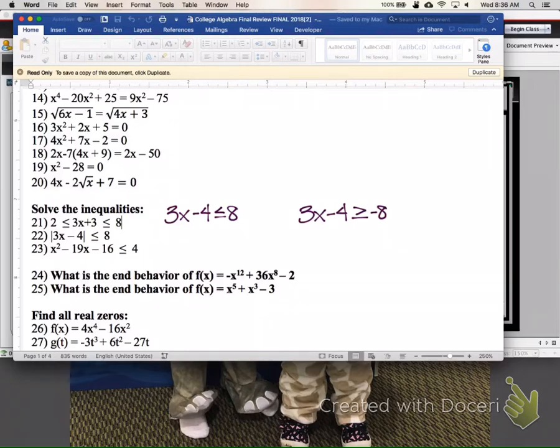So I've got 3x is less than or equal to 12, so x is less than or equal to 4. And then I have 3x is greater than or equal to negative 4, so x is greater than or equal to negative 4 over 3.